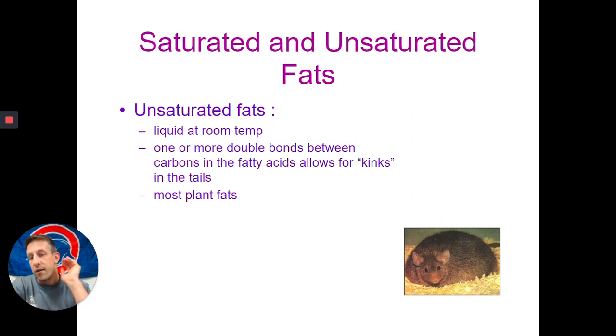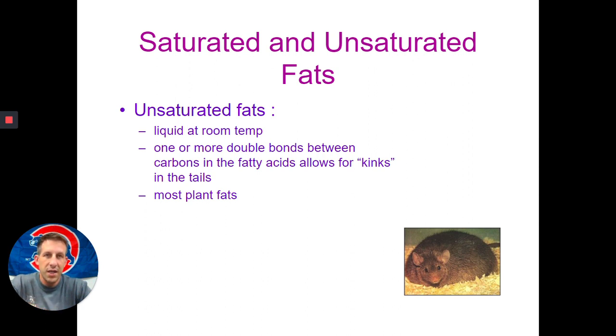They tend to be liquid at room temperature, and they're good because the bad ones tend to clog your arteries, and the reason they clog your arteries is that they're solid at room temperature. Unsaturated fatty acids are characterized by one or more double bonds somewhere in the hydrocarbon tail, and those double bonds create little kinks in the tail, making it look bent.